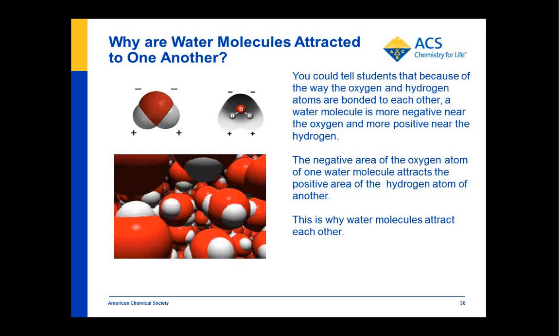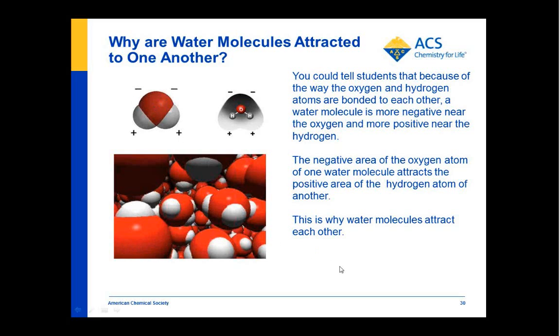In Chapter 2, we do begin to introduce kids to the idea that water molecules are attracted to each other, just like we saw in Chapter 1, but there's a reason. It's because of the way that the hydrogens are bonded to the oxygen. They have a slight positive charge down here in this part of the molecule near the hydrogens, and a little negativeness up here toward the oxygen.